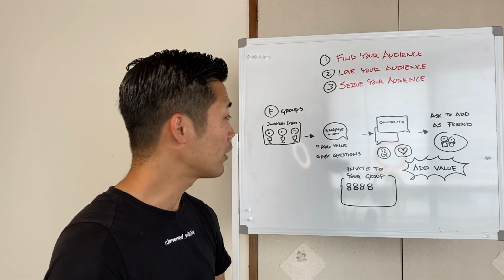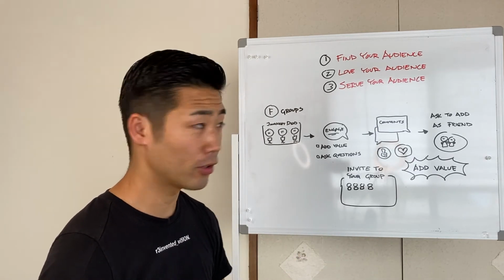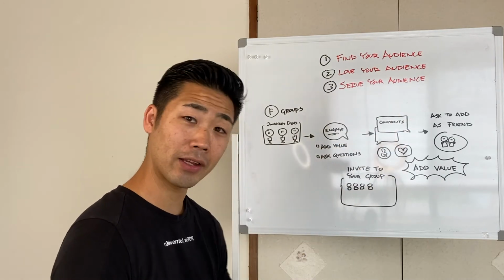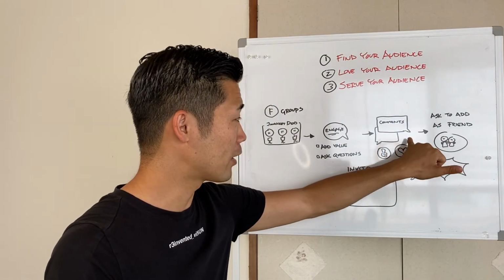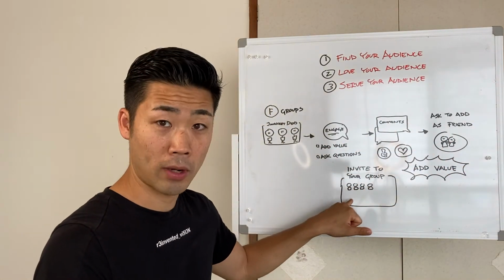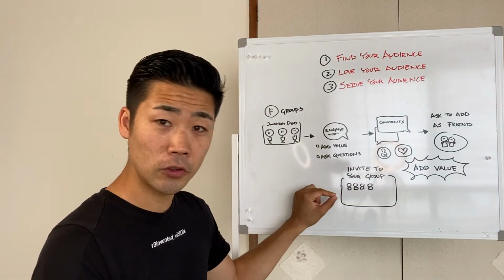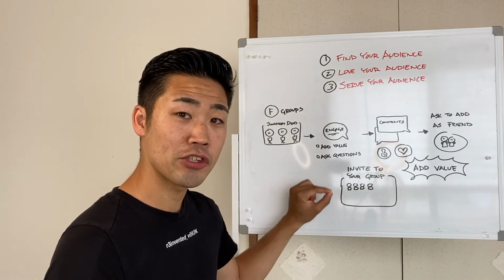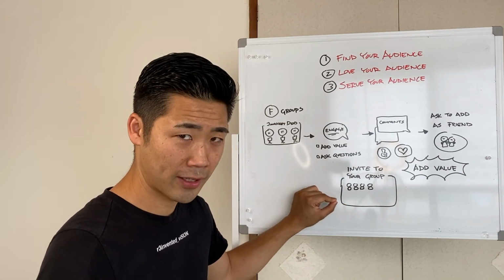And when you do that, you gain trust, right? When you're having a conversation, you're adding value. That's why we said serve your audience. You're adding value to them. You're going to get trust. You're going to ask them to add you as a friend. And once you do that, you're going to invite them to your private group. Pretty simple. And once you have your private group, what you need to do is be consistent in serving your group, serving your audience, serving your talent community.